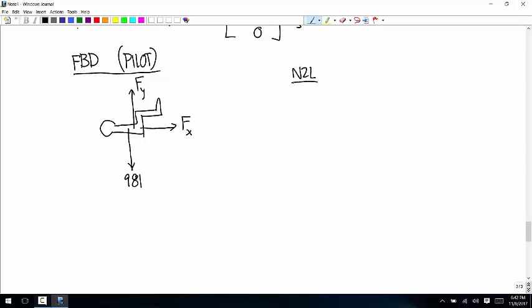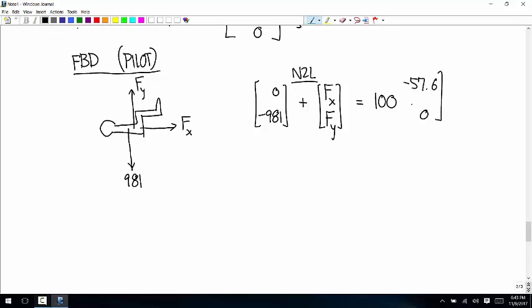So Newton's second law says 0, negative 981 plus, I'll just write this as Fx and Fy. You can put them in separate vectors or the same vector. And that's equal to mass times the acceleration of the chosen object, which we already calculated, negative 57.60.